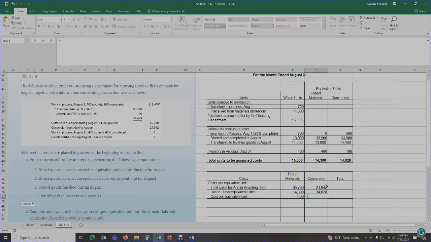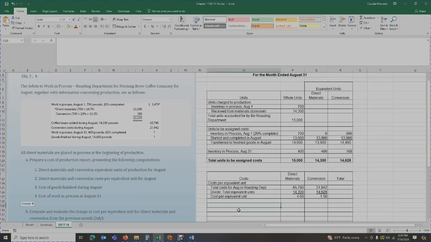We're going to get the 21,942 divided by our total equivalent units for conversion of 14,628. And that's going to give me $1.50. Okay. So that is my cost per equivalent unit. That is my unit per unit cost. $4.60 for direct materials, $1.50 for conversion per unit.